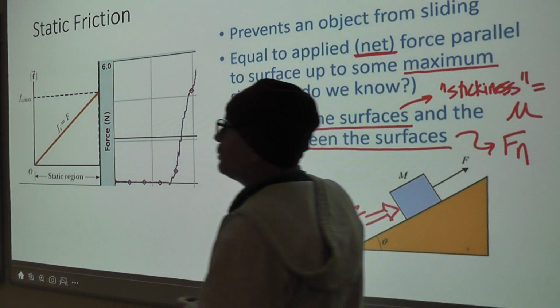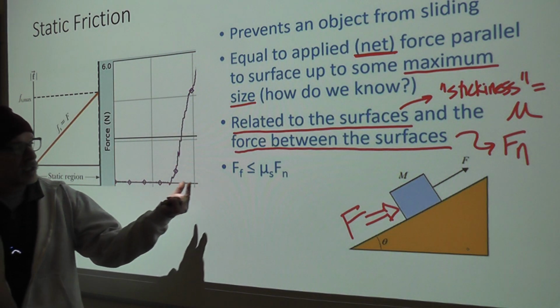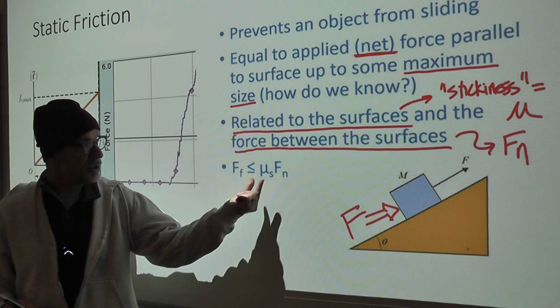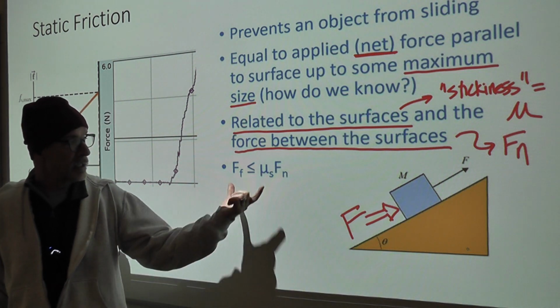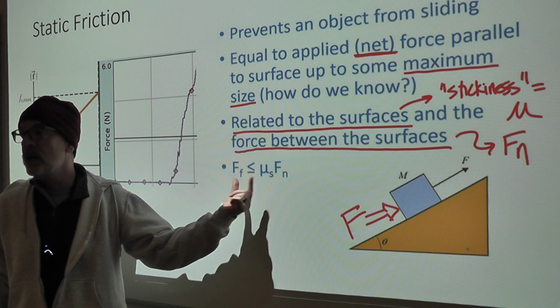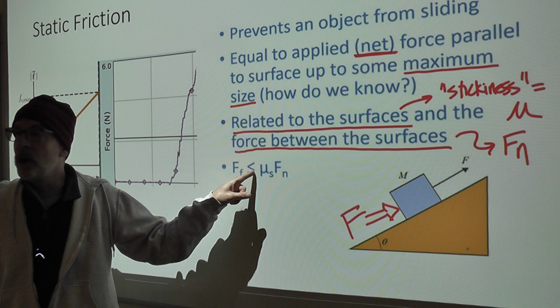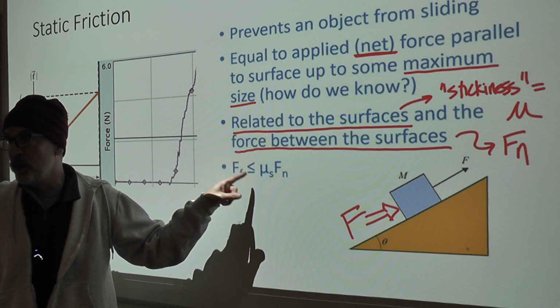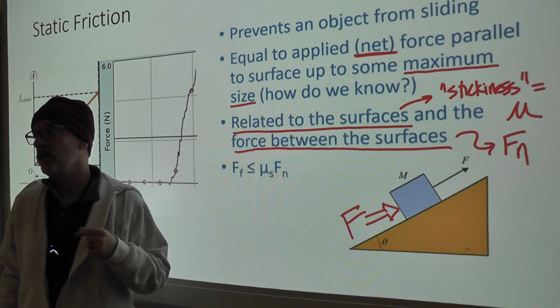And the relationship that explains how friction relates to the stickiness and the force pushing two things together is this right here for static friction. The force of static friction can vary. It might be less than, but it will never be more than this stickiness coefficient times the normal force.